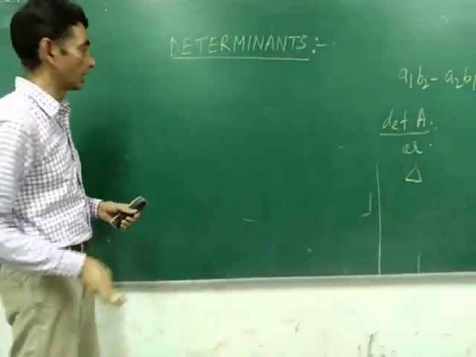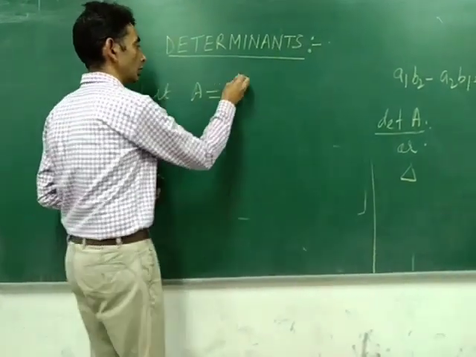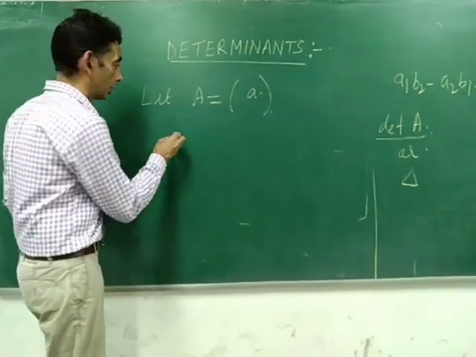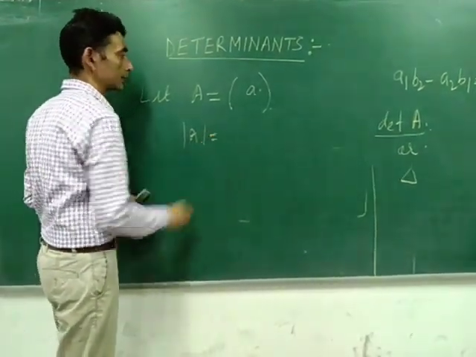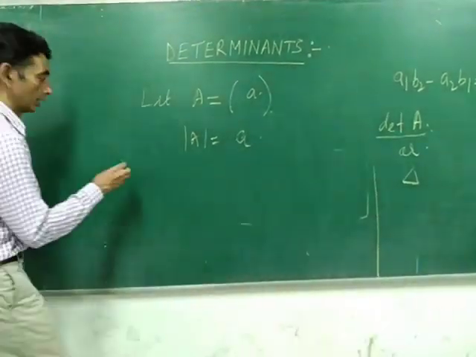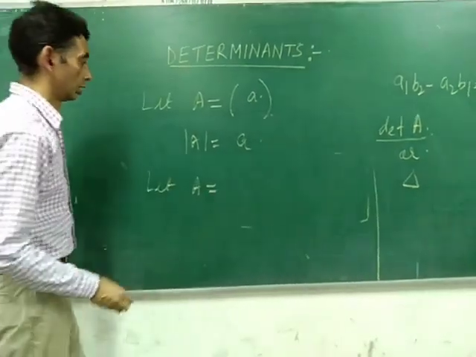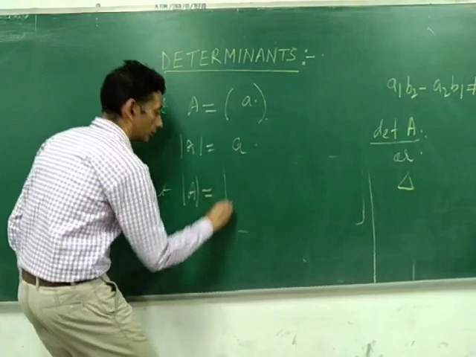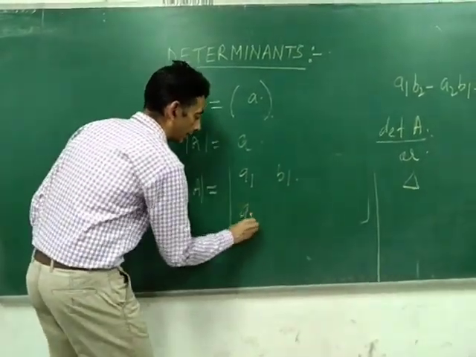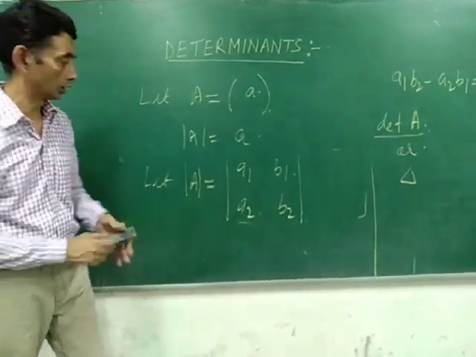First, let us try to understand how to expand a determinant of order 1. Let us start with a matrix A. Then what will be the determinant of A? The determinant of A is the number A itself. Then if we consider a determinant of order 2, that is a1, b1, a2, b2, how do we expand this?